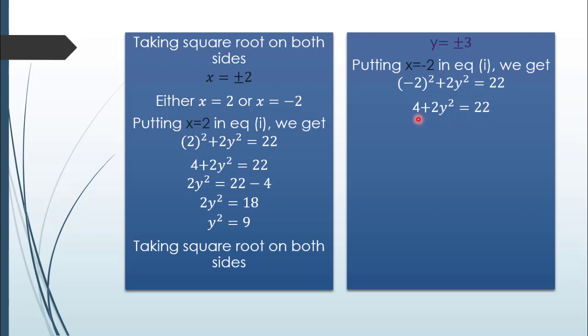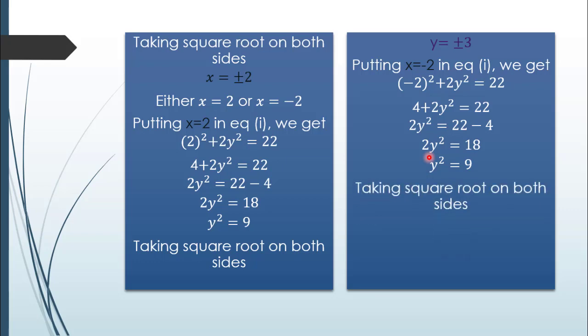Taking this 4 from the left hand side to the right hand side, we get 2y square is equal to 22 minus 4, which is equal to 18. Dividing this equation by 2, we get y square is equal to 9, and taking the square root on both sides, we get y is equal to plus minus 3.